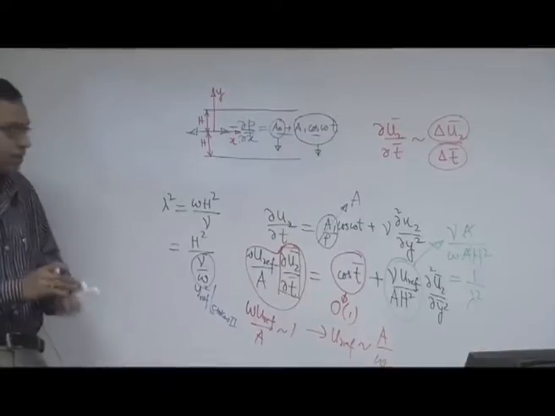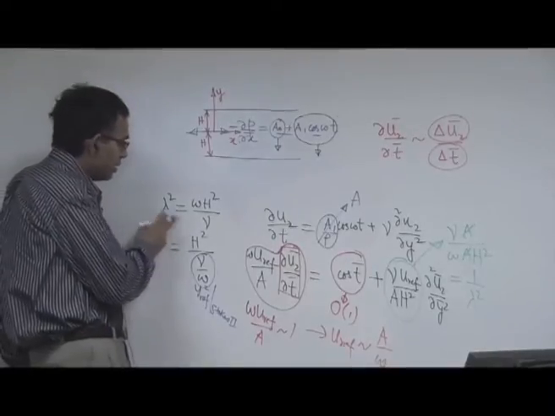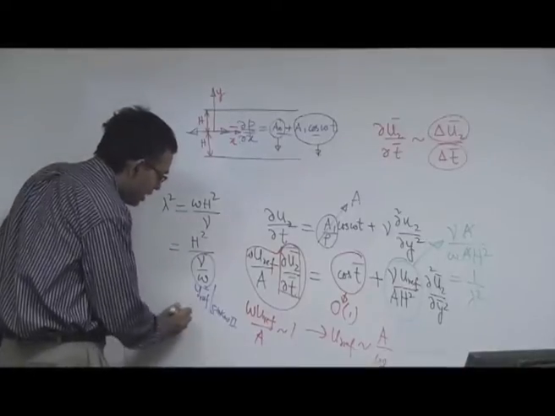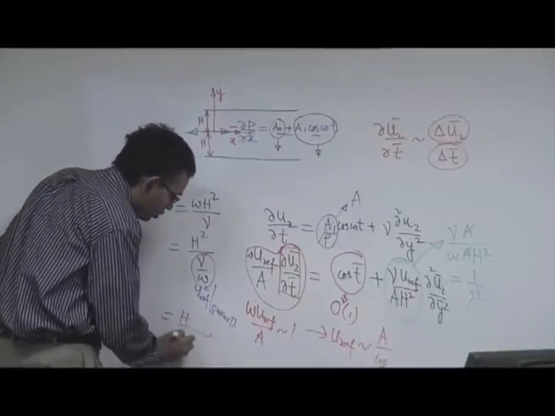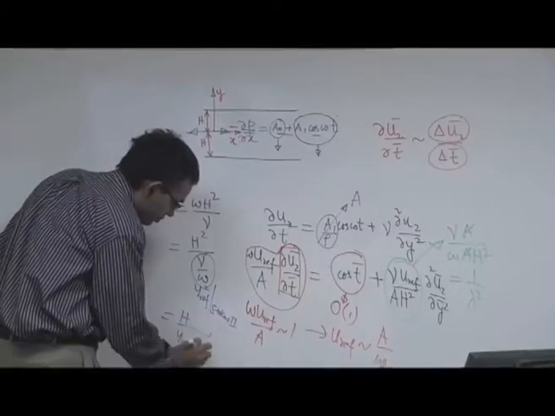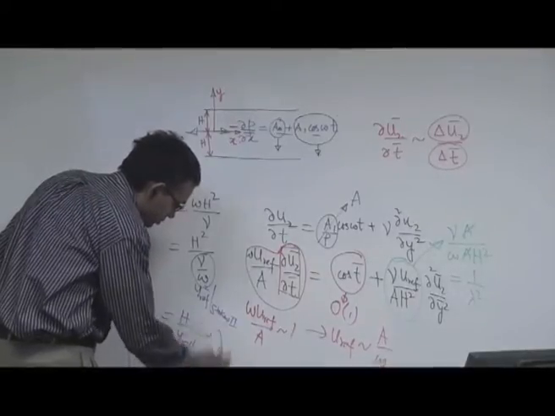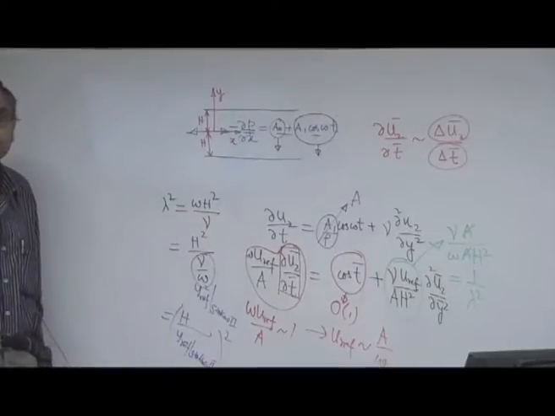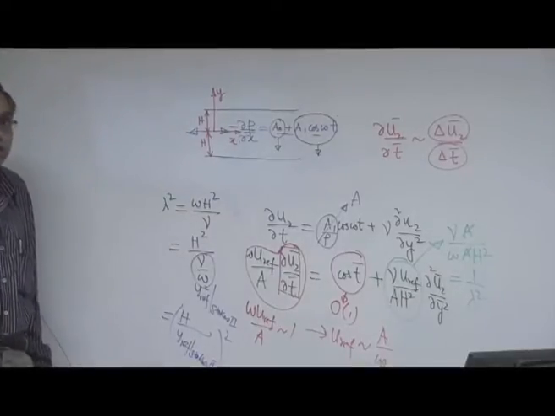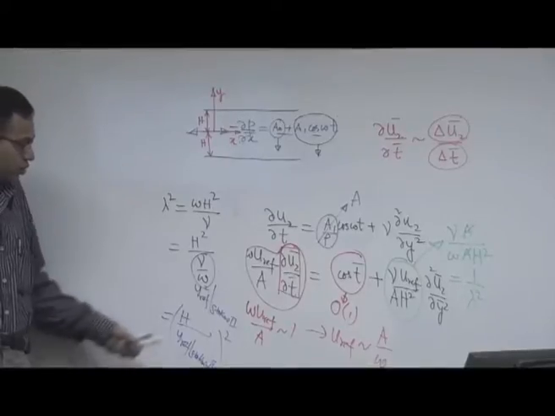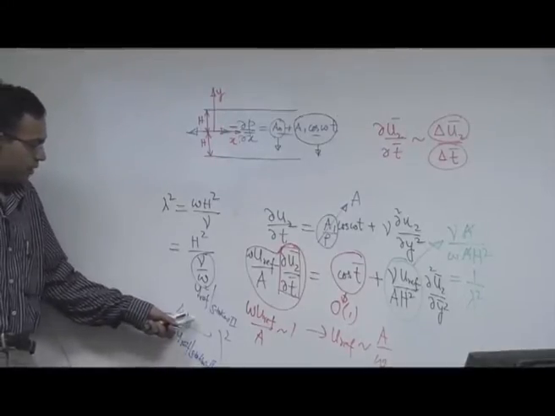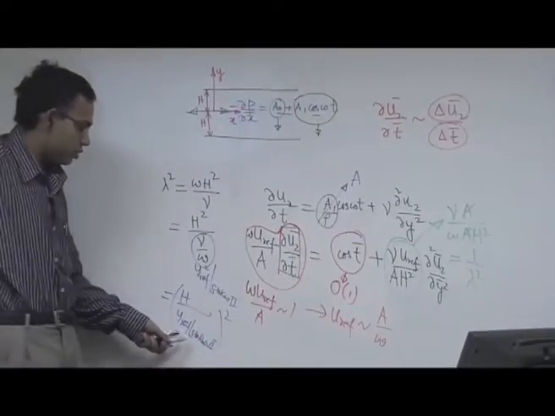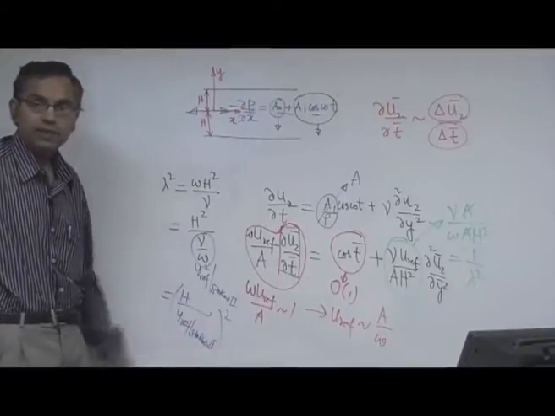That is, this lambda is an indicative of h by y reference Stokes 2, square. So, if h is much less than y reference Stokes 2, then what happens?